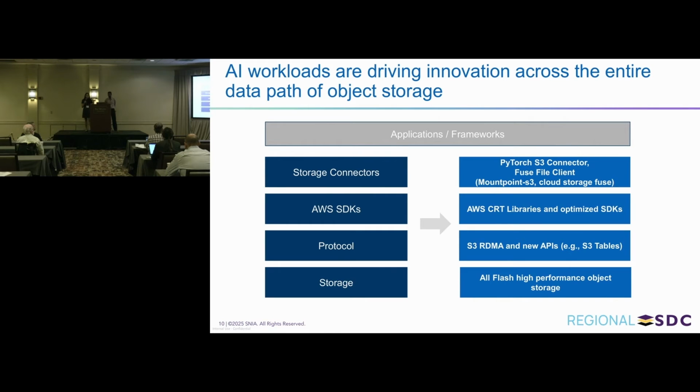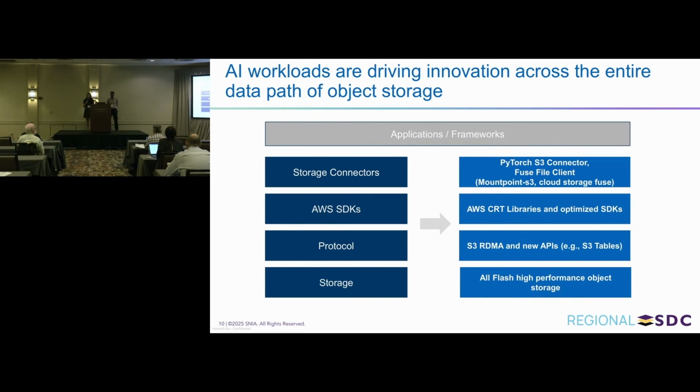Under these connectors, you have your SDKs, libraries, then the protocol layer, and the storage system, right? What we see now, both on cloud and on-prem, is all-flash high-performance object storage. They're trying to eliminate a lot of the overheads associated with object storage, and provide predictable performance, right?